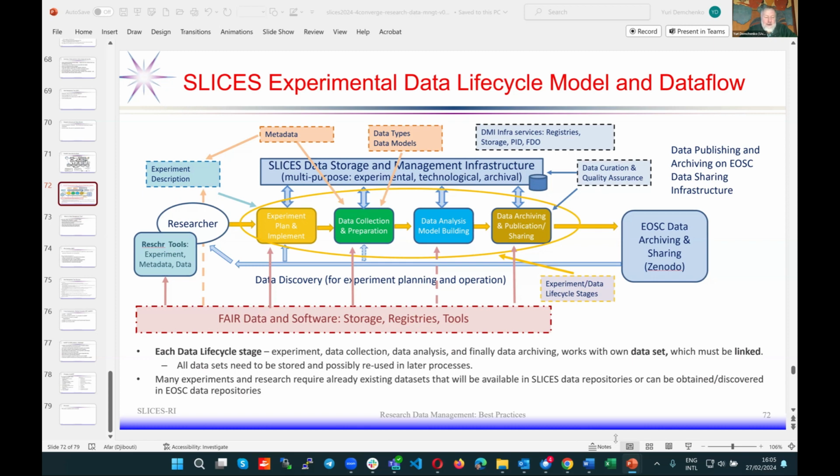Before documenting data at the beginning of the project or experiment, spend sufficient time to understand what you need to document, how you can name it, and what metadata. So preparation before documenting is a big piece. We still didn't achieve this in SLICES.